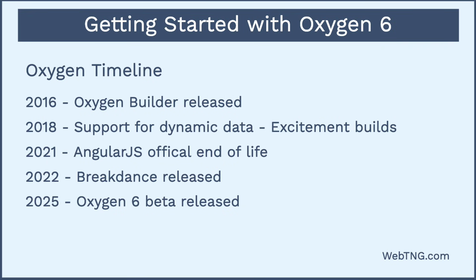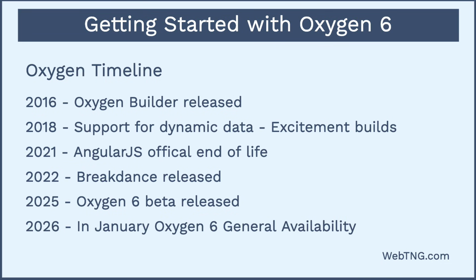It's lean, it's built for power users and developers, and it produces performant output. I'm very happy that the Oxygen team released Oxygen 6 and demonstrated their continued support for Oxygen, and Oxygen 6 is included in the lifetime license that classic Oxygen users have.